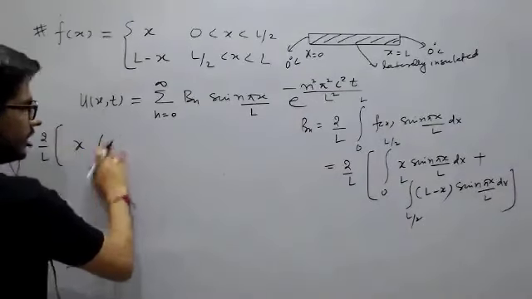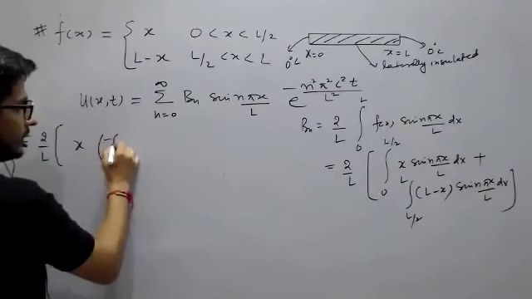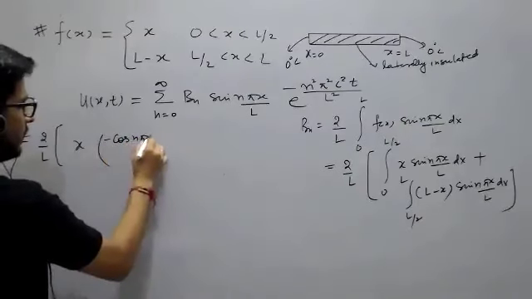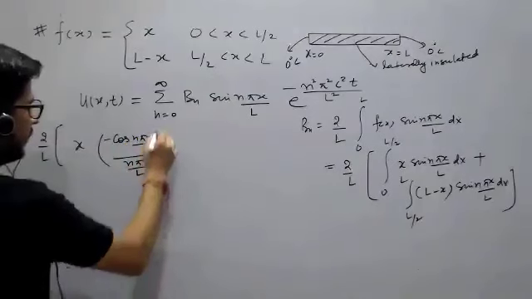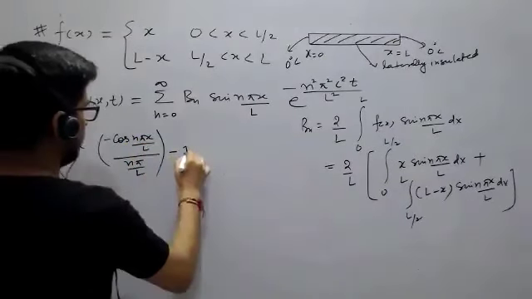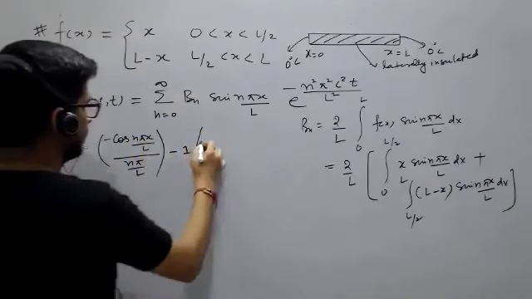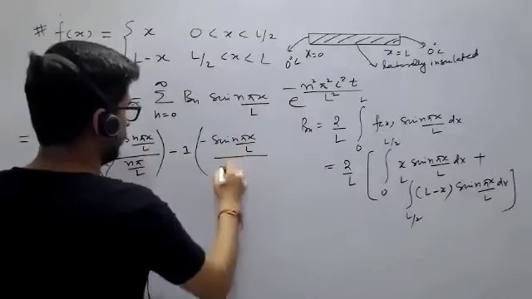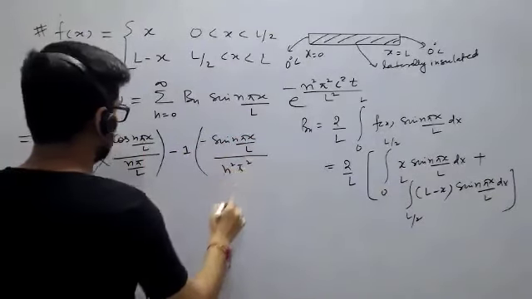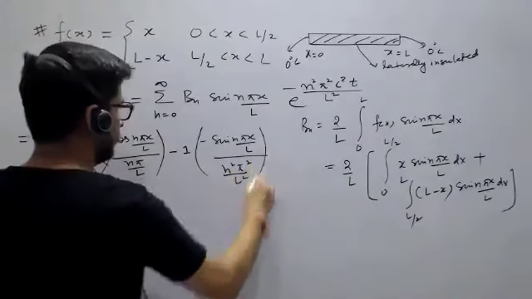So integration will be minus cos n pi x by L over n pi by L, minus derivative of this, integral of this: minus sine n pi x by L over n square pi square by L square.